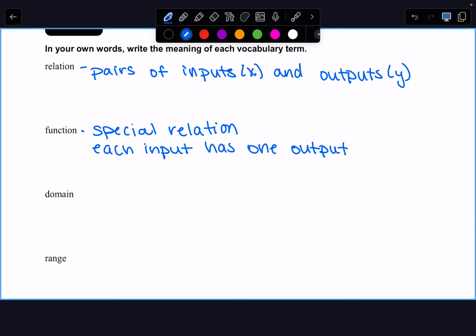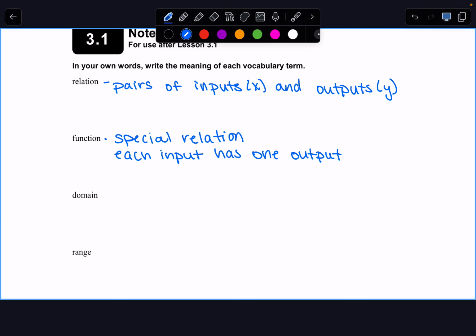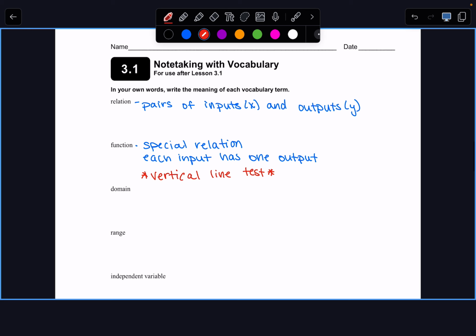That's the word that we used, okay? So we actually have what's called, and we're going to write it here, the vertical line test right here so that you have it in your notes next to the word function. And then we are going to go to the next page and look at the visual of the vertical line test. Okay.